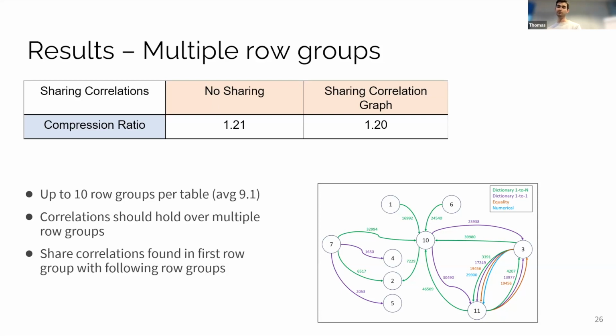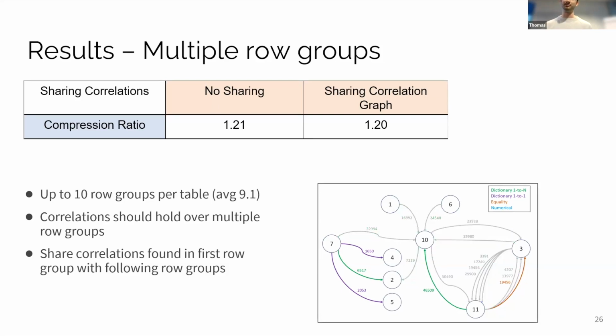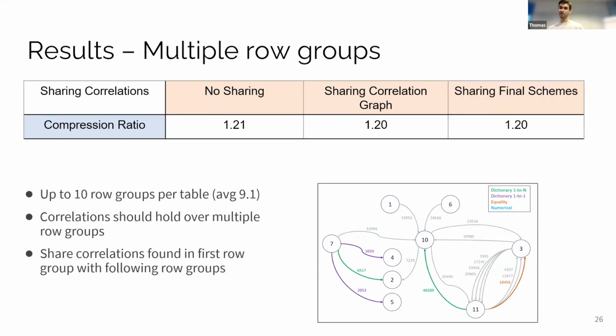So for every new row group, the only thing we have to do is update the edge weights and run the greedy algorithm again to pick the best schemes. Our second method is to share only the final schemes used by the first row group. Here, again, we only need to update the edge weights and confirm that this correlation still holds for the new row group.